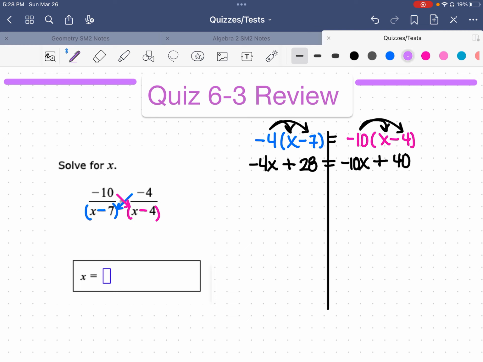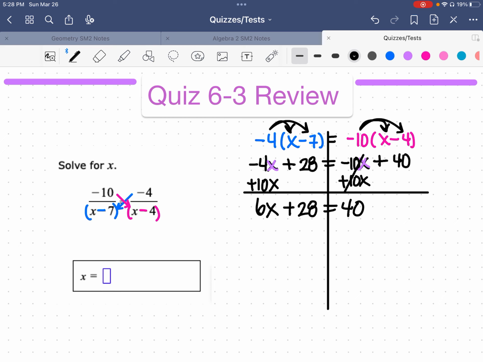All right, we've got an x on both sides, so let's go ahead and move one. In this case, I would go ahead and bring the 10 over because -10 is smaller than -4, but it's not wrong to go ahead and move the -4. I chose this because it's going to give me a positive 6x. There we go.